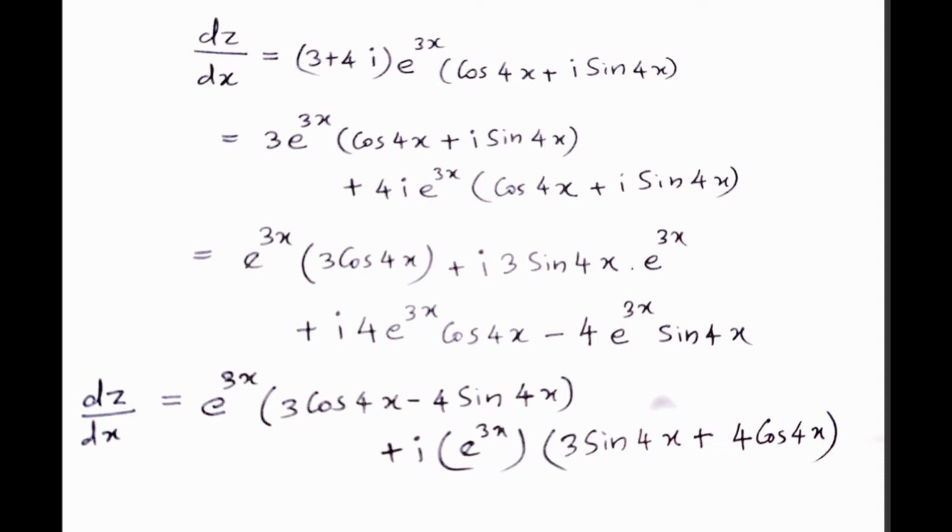Here minus is because i squared is minus 1. So dz by dx equals e raised to 3x into (3 cos 4x minus 4 sin 4x) plus i into e raised to 3x into (3 sin 4x plus 4 cos 4x). Here our complex number has two parts, one is the real part and another one is the imaginary part.